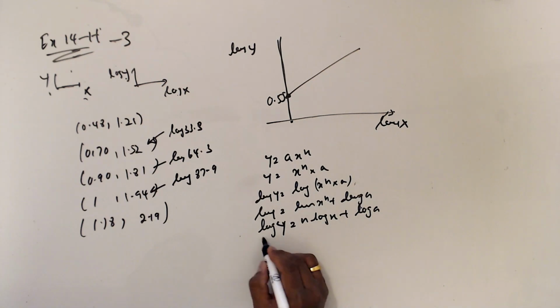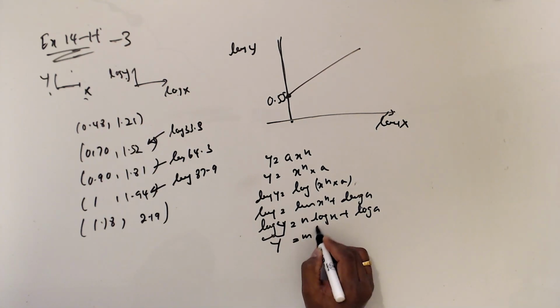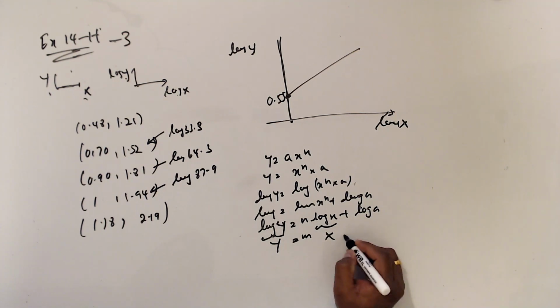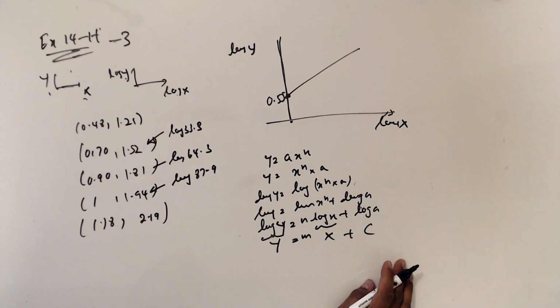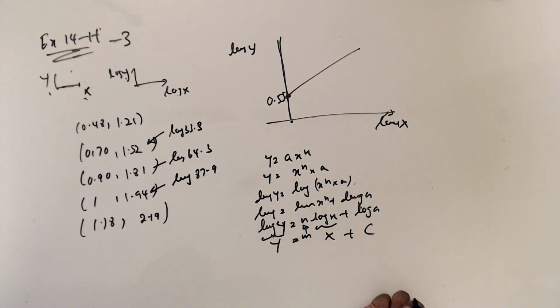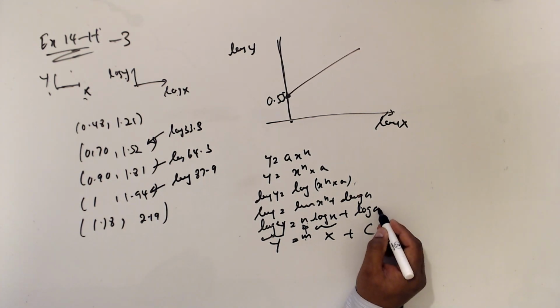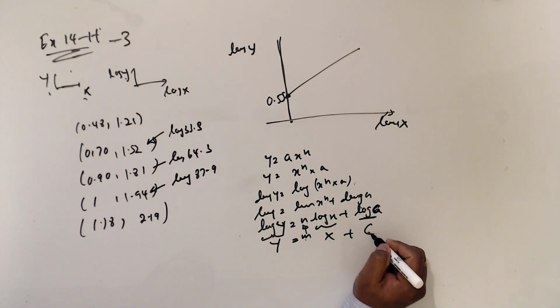So this is capital Y, this is m, this is capital X, this is capital C, the y equals mx plus c form. So the gradient is n, and log a is going to be the y-intercept.